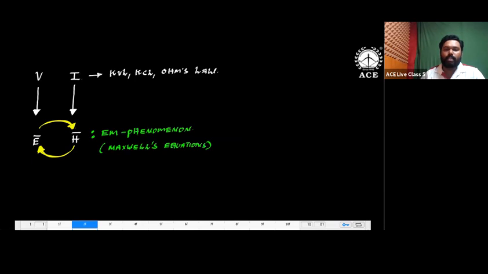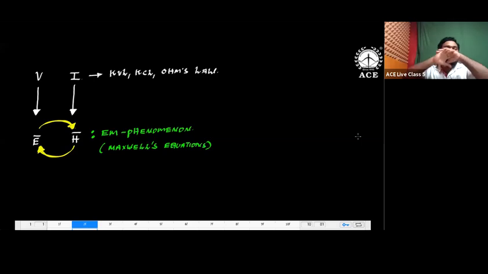And if you want to understand the working principle of an inductor, inside the inductor there is a magnetic field. Magnetic field is nothing but magnetostatics. Magnetostatics is a special case of EM phenomena. If you want to understand how the energy propagation happens on a long transmission line, again there is EM phenomena.